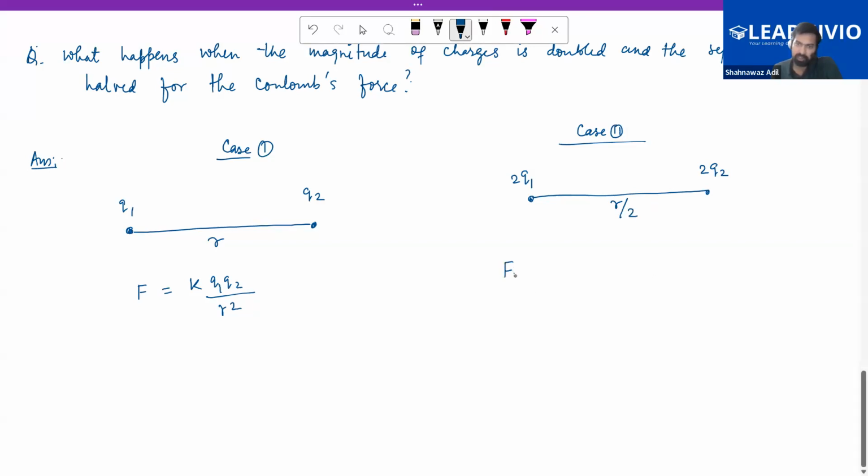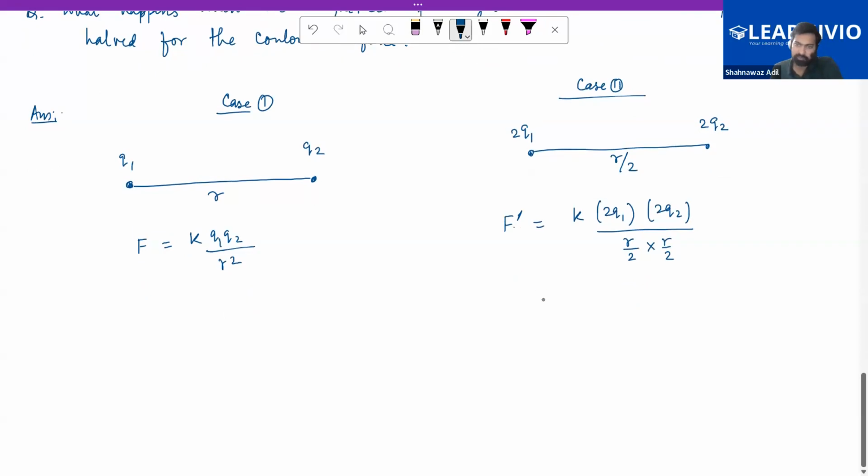F new, let's say F prime. So this would be K and 2Q1, 2Q2 divided by R by 2 and R by 2. So this would be how much? 4 K Q1 Q2 divided by R square by 4.